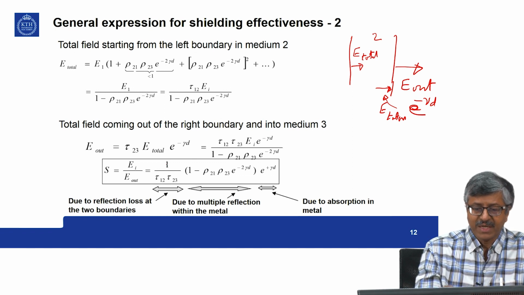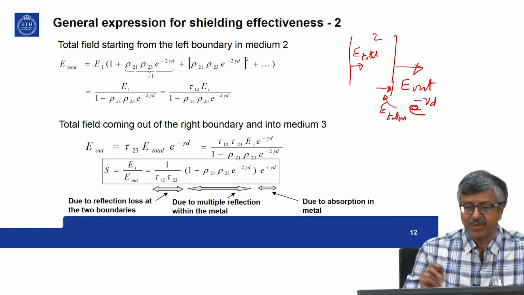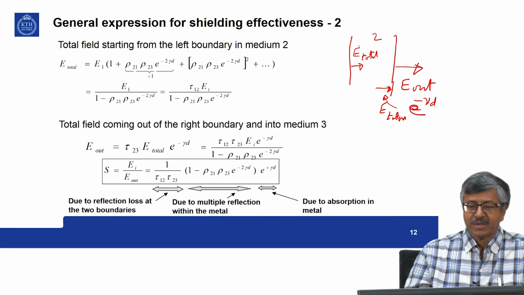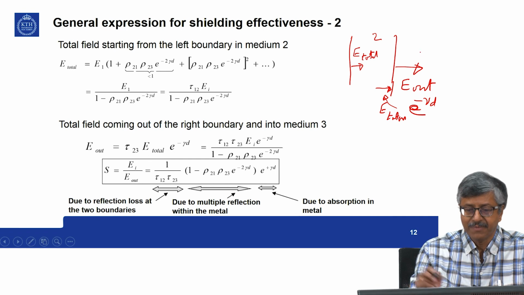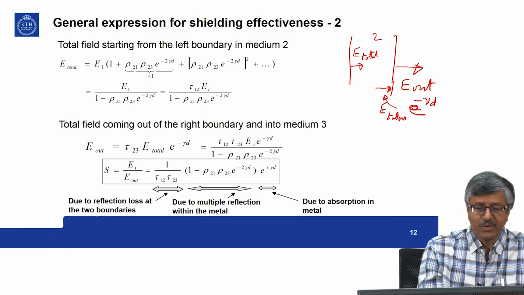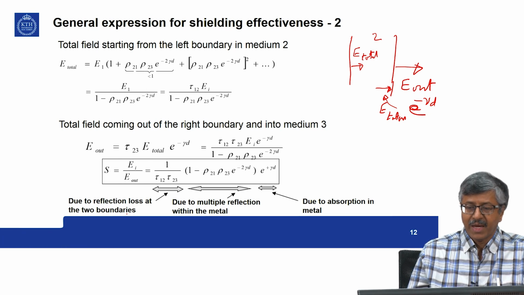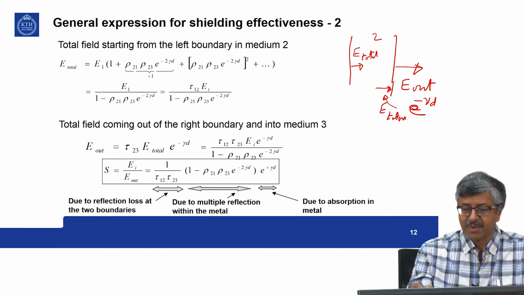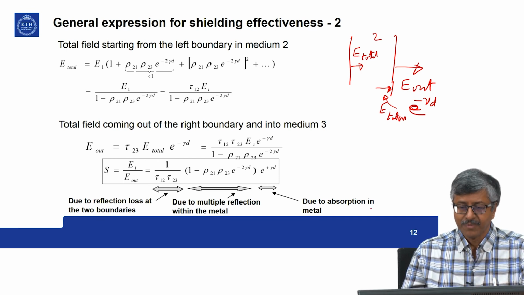The first factor, involving the 2 transmission coefficients tau 12 and tau 23 at the left and right boundaries, is due to reflection loss at the 2 boundaries. And the last part, e to the power of gamma d, is due to absorption in the metal.